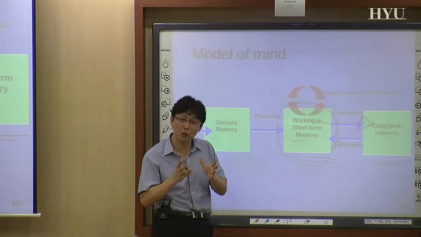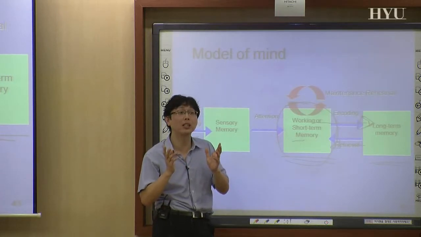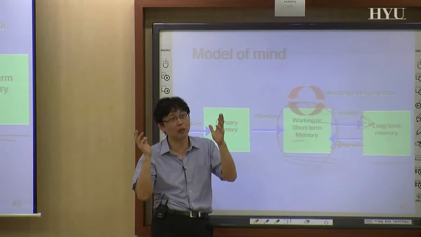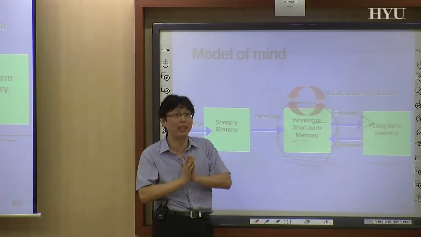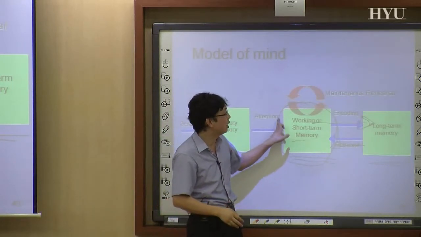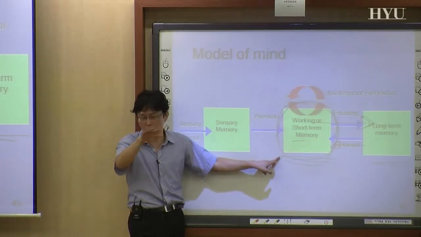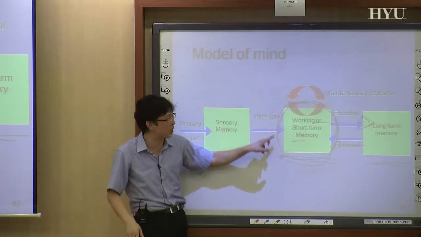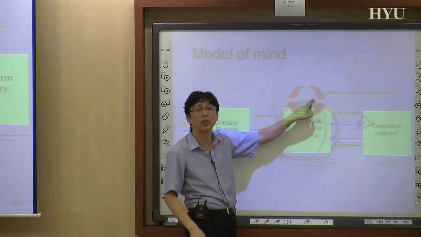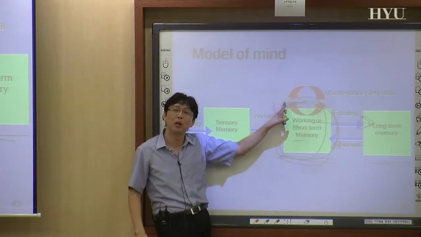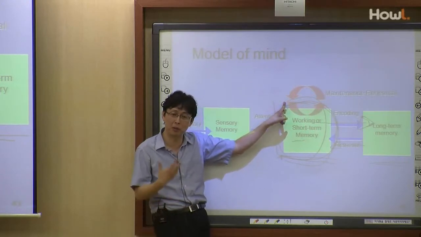So if you want to make some product, website, item or service, this part must be considered. You, the younger people, have a pretty good working memory capacity, but elderly people have perhaps half of ours.